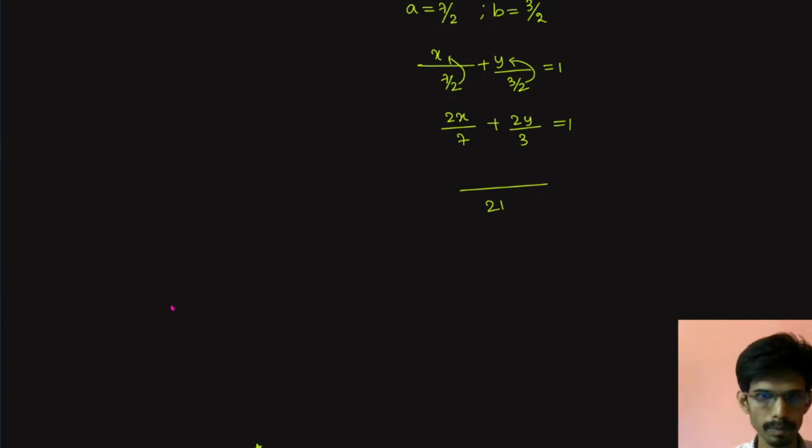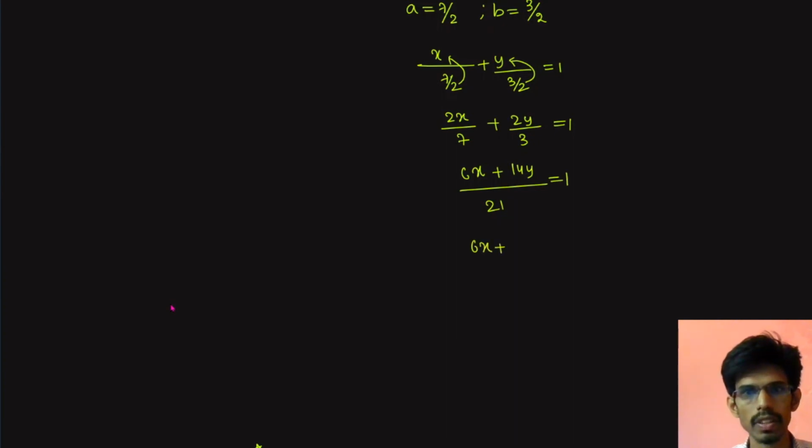This will become 6x plus 14y is equal to 1. So cross multiply this, I'll get 6x plus 14y is equal to 21. Okay, 6x plus 14y equal to 21 will be the answer for this question.